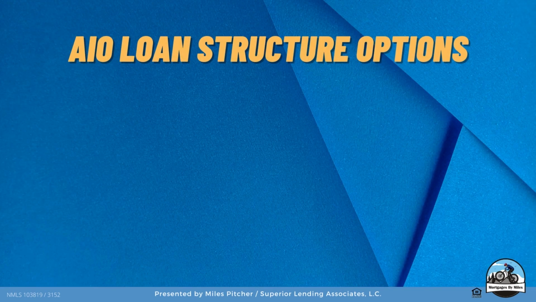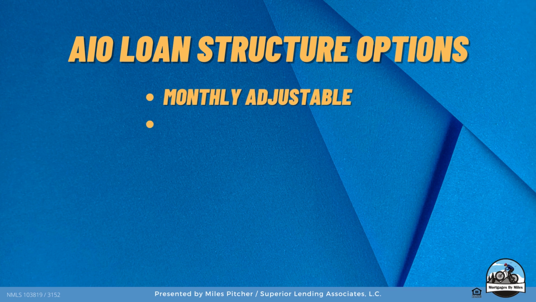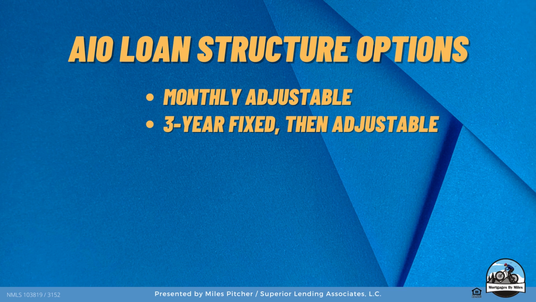Let's start by first remembering that the all-in-one loan has three different structures to it. The first is a monthly adjustable, where the rate will change every single month. The second structure is a 3-year fixed, and then once that fixed or intro period is done, it will turn adjustable, just like the monthly adjustable does.